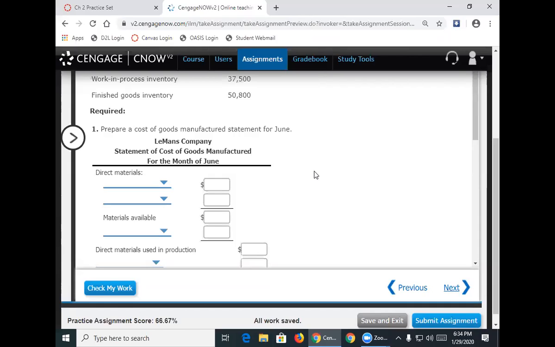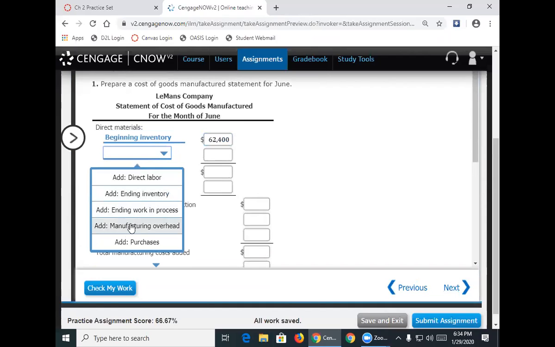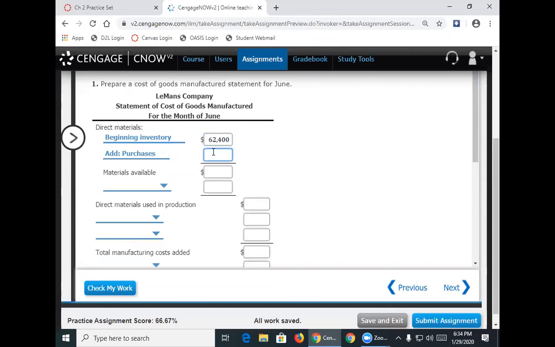Any questions on the T accounts? All right, so then all we're doing is putting them into our statement, right? So materials, we had beginning inventory, 62,400, plus purchases, 346,000.